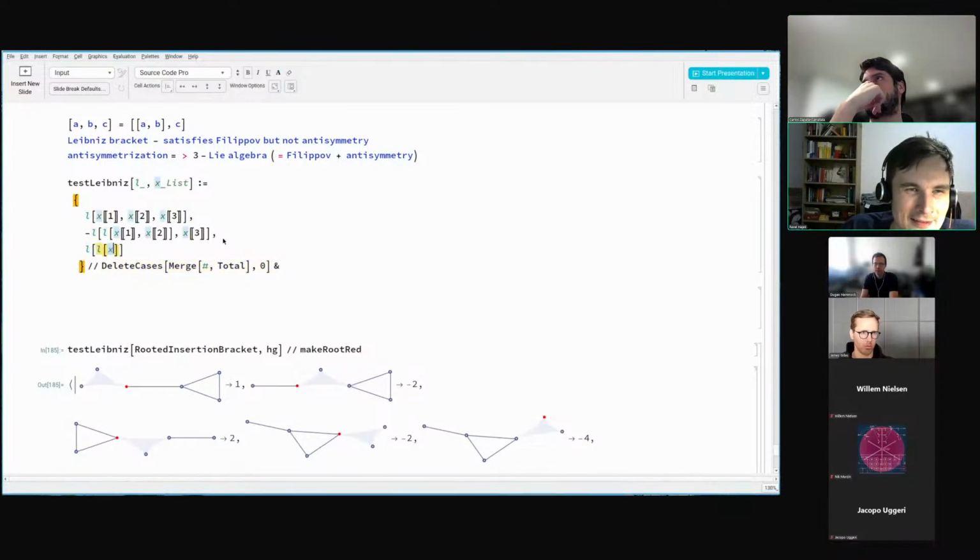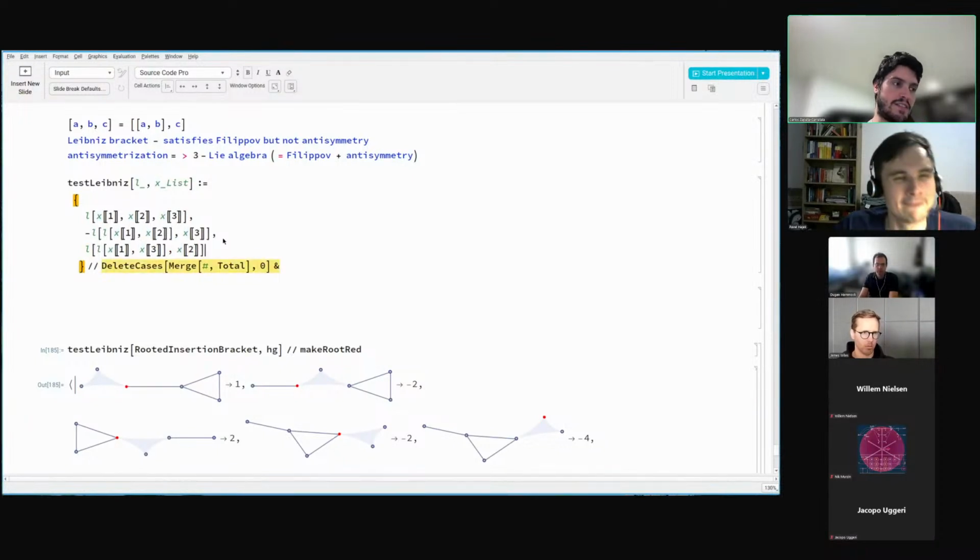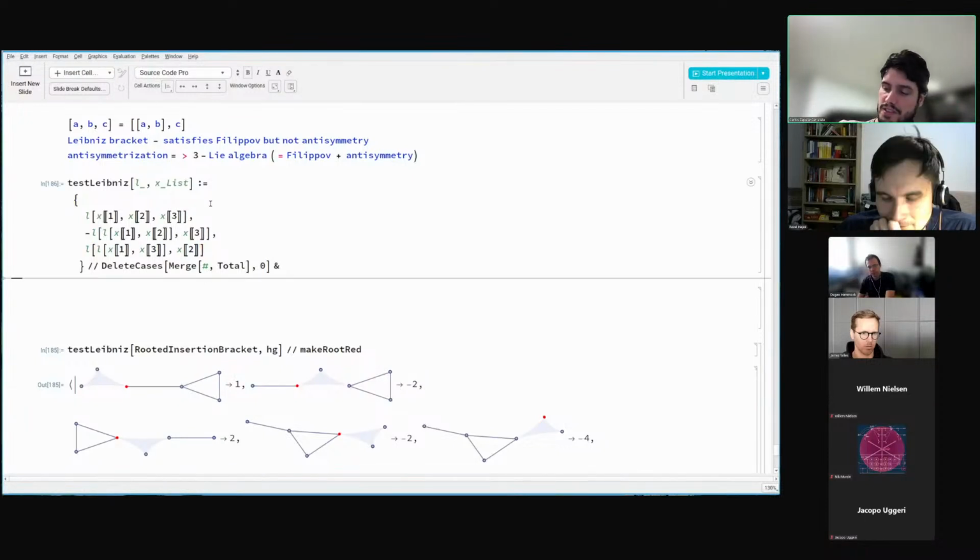Or first and third, because you have antisymmetry on first and second, and antisymmetry between... well, is that antisymmetry? It's not even antisymmetry. It's some kind of weird.